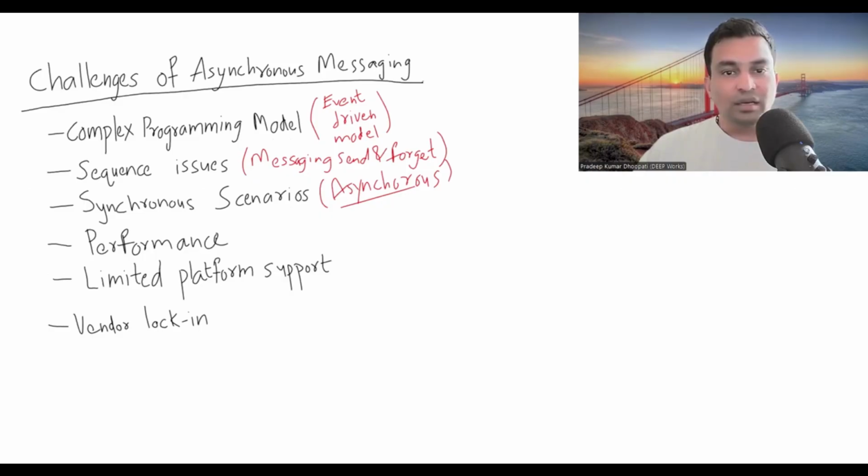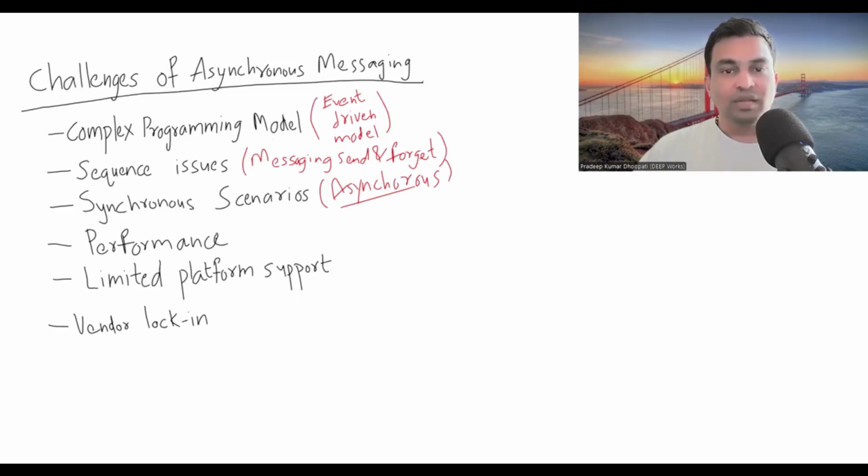And the next challenge is vendor lock-in. Once you decide to use messaging, you have to finalize on the messaging system and which vendor's messaging system you would adopt. And once you lock into that vendor, it's difficult to change the messaging system, and not all proprietary messaging systems support all your application systems that are to be integrated.